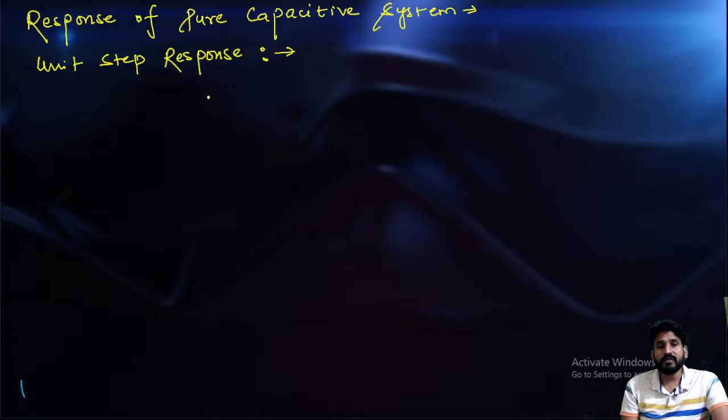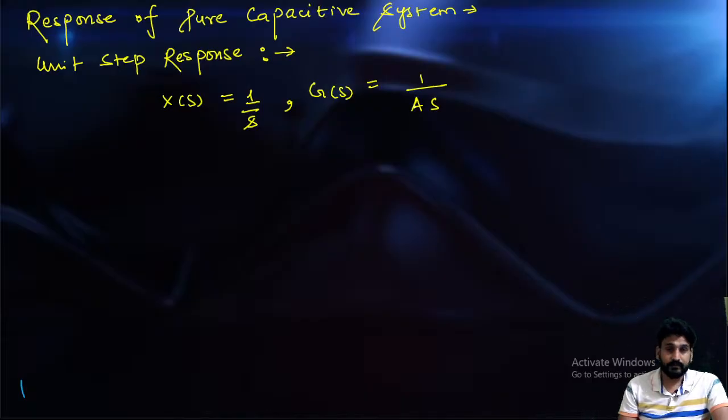Unit step response means what is the input value here? The input value is 1 by S. And what is my G(s)? My G(s) is equal to 1 divided by AS. Here the magnitude of the step input is 1. Is it clear to you or not?